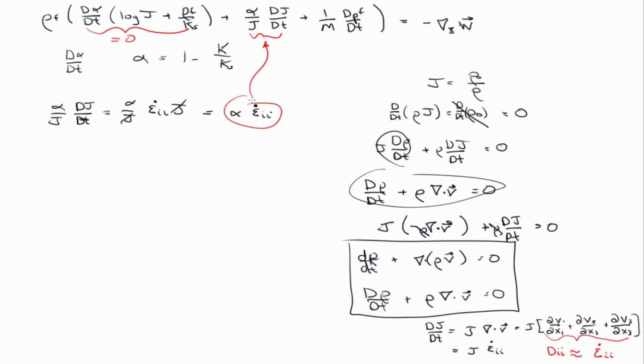Now remember in the case of small strains, there's no difference in the reference and deformed configurations, and the material time derivatives just become regular time derivatives because the convective terms are small, right?